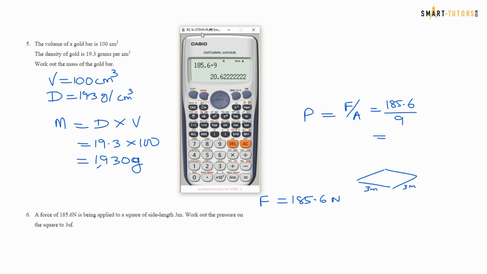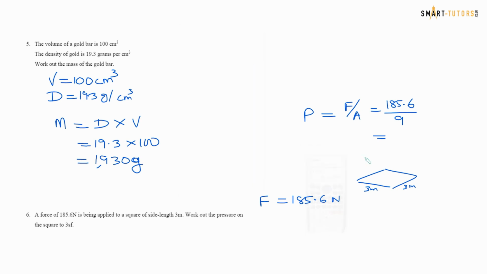They are asking for 3 SF. So 1, 2, 3, the fourth one, 20.6 is the answer. So pressure equals 20.6, and the unit is Newton per meter squared, or Newton meter minus 2. So that is the answer for question number 6.